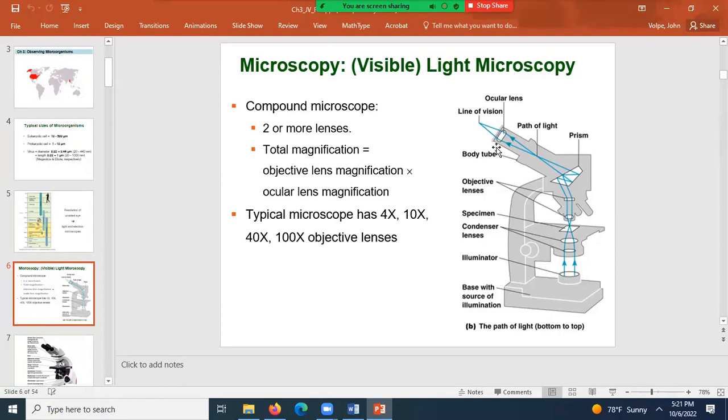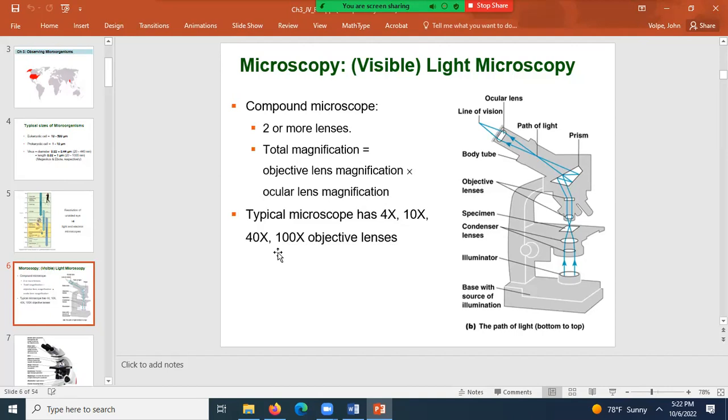Most compound microscopes have an ocular lens of 10x, but some have an ocular lens of 20x, the most expensive and the best, I guess. In our lab, all of our ocular lenses are only 10x. Typical compound microscopes have for objective lenses a 4x objective, a 10x objective, a 40x objective, and a 100x objective lens.